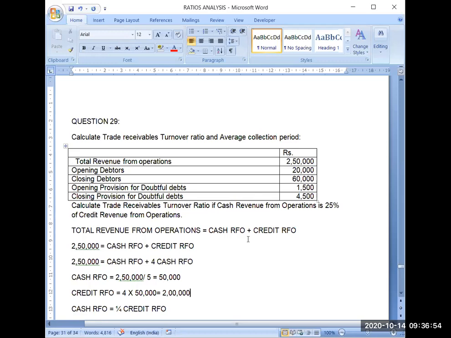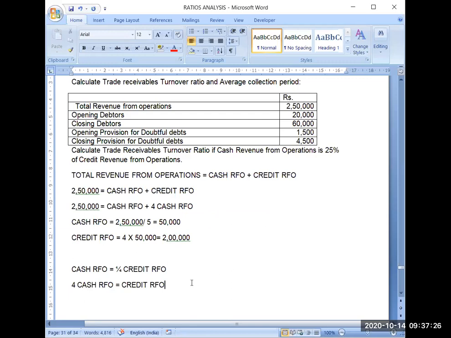Now coming to the denominator part. For the denominator, you need opening and closing debtors. Your opening debtors are given 20,000 and closing debtors are given 60,000. So you will take only opening debtors and closing debtors. Provision for doubtful debts will not be deducted. You have to keep it in mind.